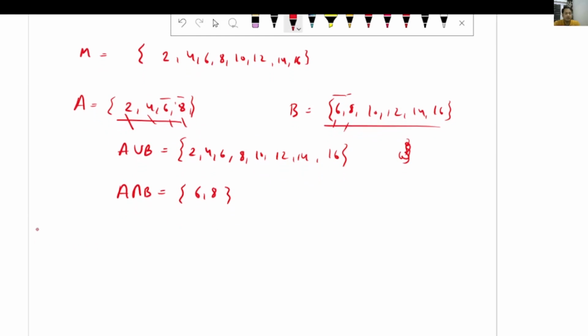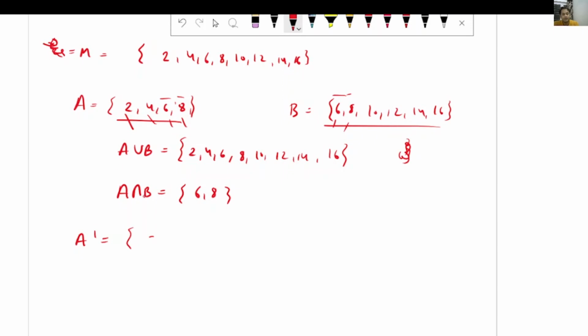Now there are some terms like A complement. A complement means anything related to A will not be included. M is the universal set here, and it includes all the terms present in A and B. This is the symbol of the universal set.